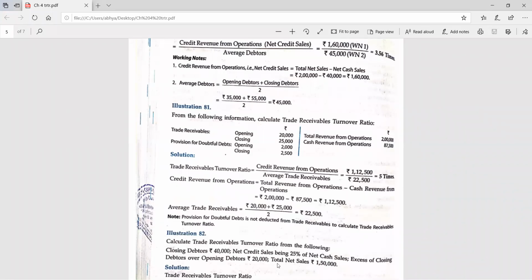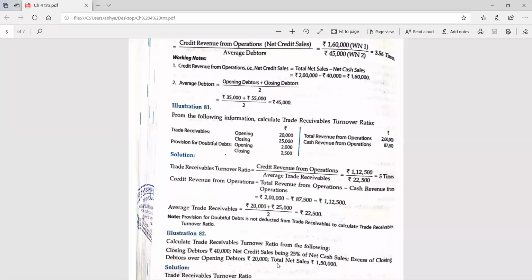So if closing debtors are 40,000, what will the opening debtors be? Opening debtors will be 20,000. Yes, Abhishek Agarwal, very good. Closing debtors are 40,000 and opening debtors are 20,000. So we have both the terms.